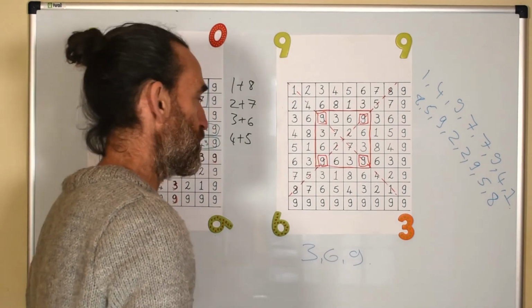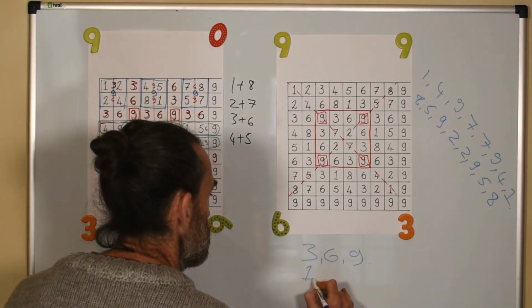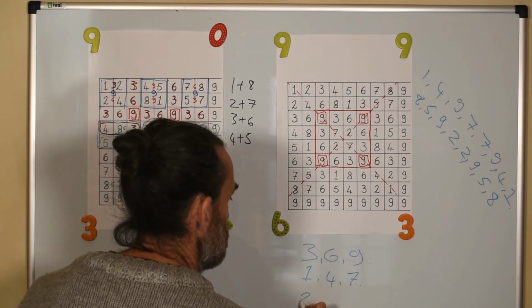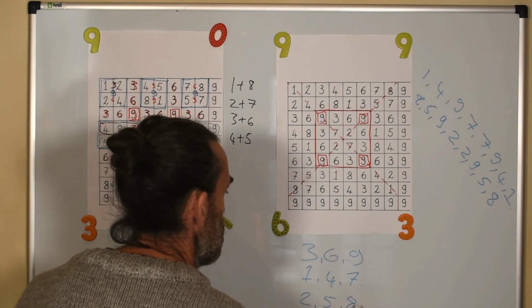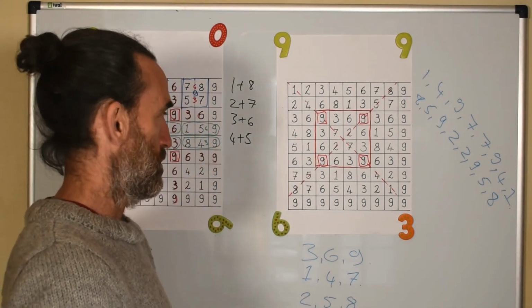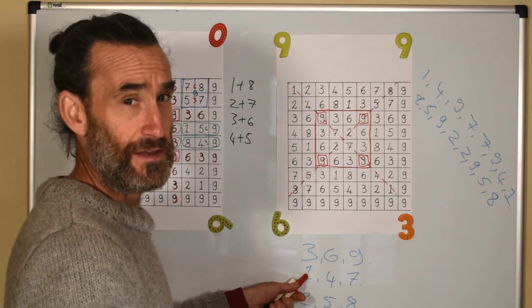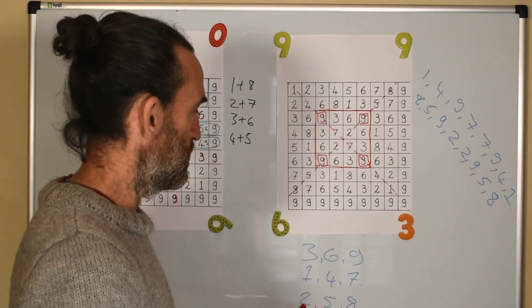And the other 2 organic number groupings, if you like, is the 1, the 4 and the 7, and the 2, the 5 and the 8. This is the more masculine, the yang numbers. This is the more feminine, the yin numbers.